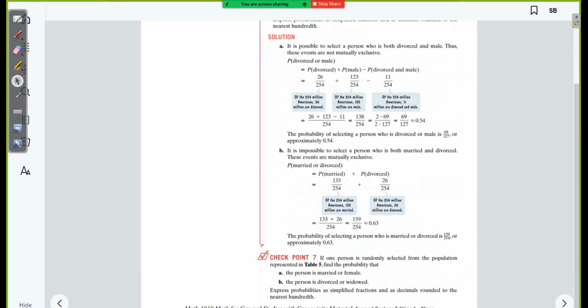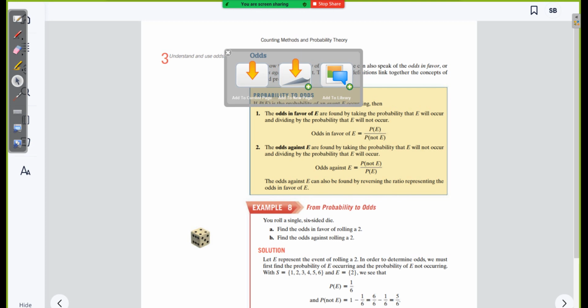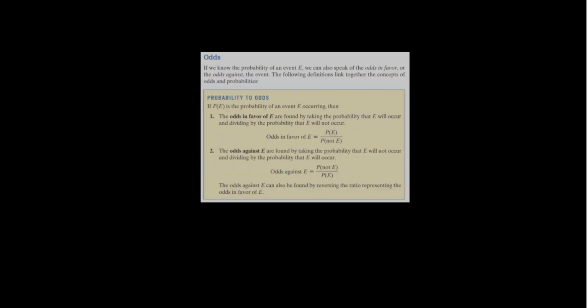All right, now the last part of this section could be kind of confusing, right? And it's odds. This is probably going to be the most confusing part of this section, hopefully. But odds. Now, the way odds work, it's not the same as the probability.